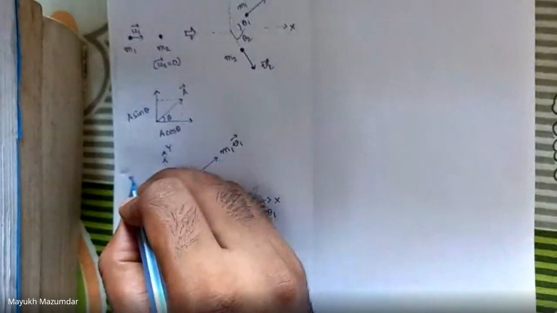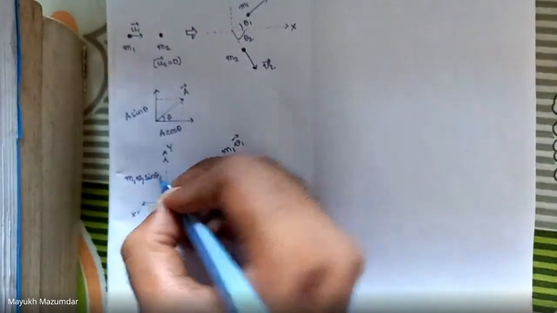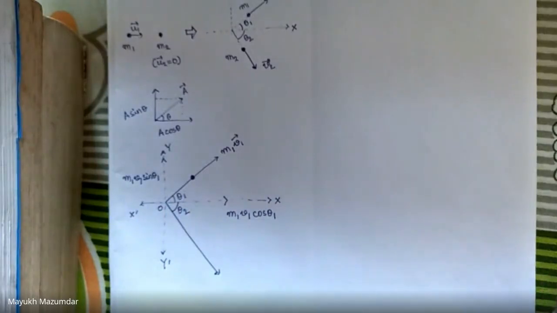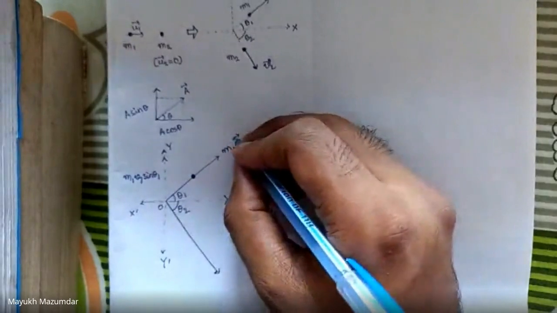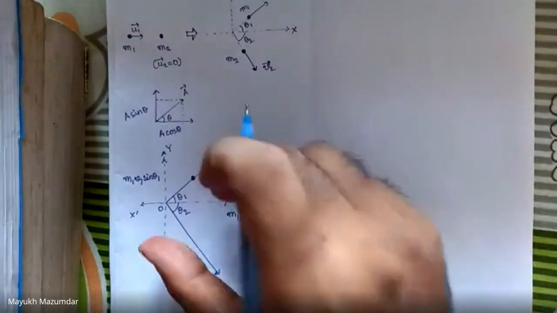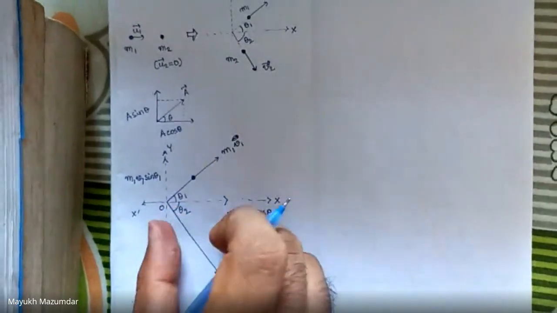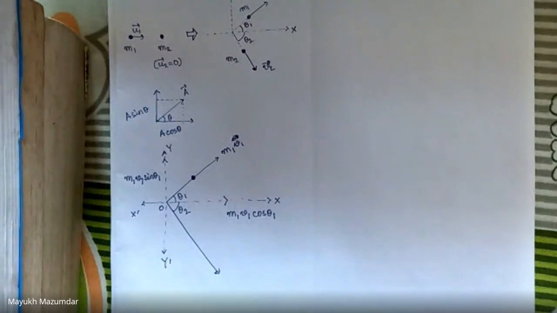That is m1 v1 sine theta 1. I'm just looking into the components, so I'm not writing the vector sign. Think component-wise. See, it's a vector A. What is this part? It is A cos theta. This much is A sin theta. Clear, everyone?